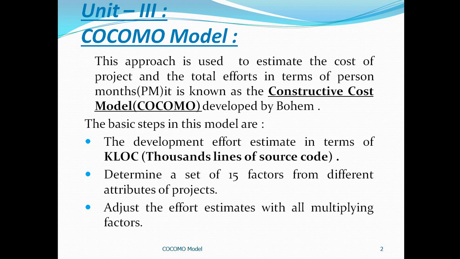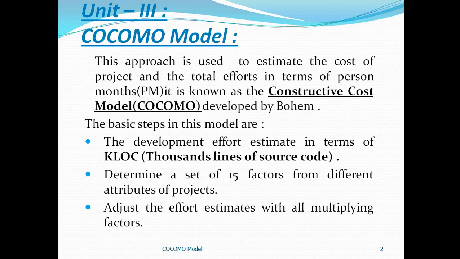A liquid item can be measured in terms of liters, a solid item can be measured in terms of kilograms. Similarly, software can be measured in terms of number of lines. So these lines can be measured as LOC or KLOC. LOC means lines of source code, KLOC means thousands of lines of source code.